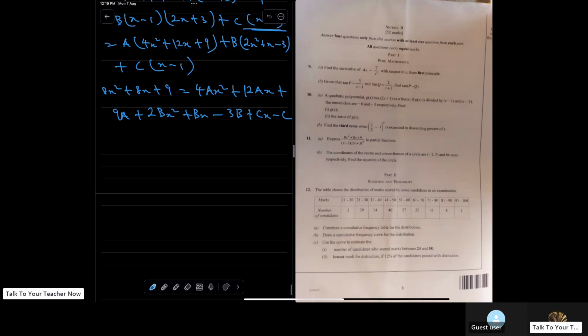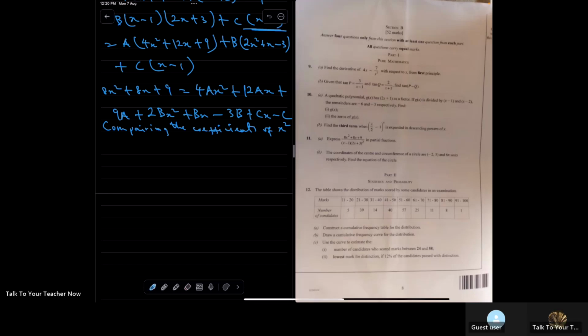Now, this is what I want to do. I want to compare the coefficients. Let me start from x squared. What's the coefficient of x squared on the left hand side? 8.